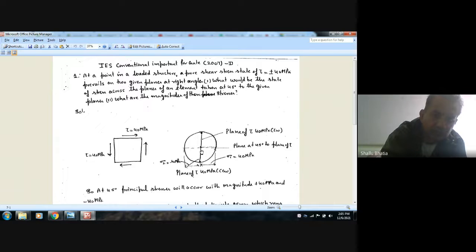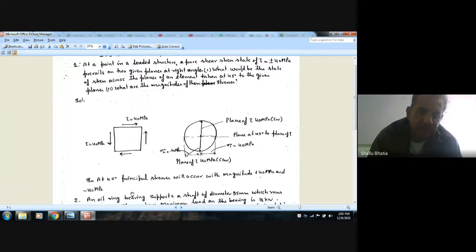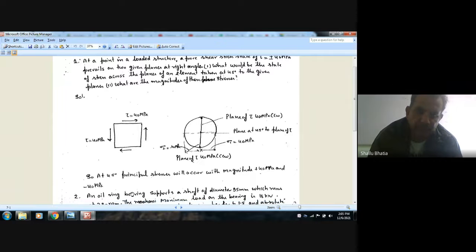So sigma 1 is 40 MPa, sigma 2 is minus 40 MPa. So at 45 degrees, principal stresses will occur with magnitude plus 40 MPa and minus 40 MPa. Okay, so we have answered both the questions.